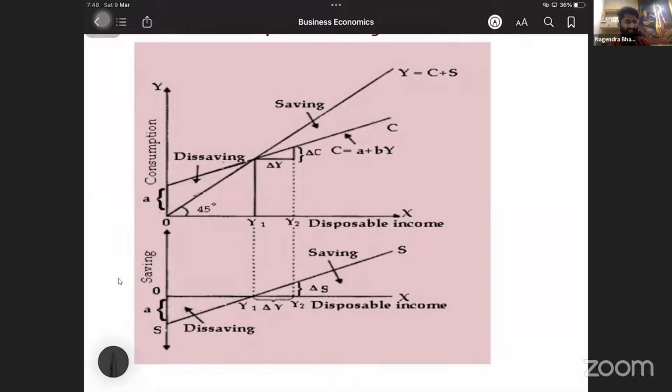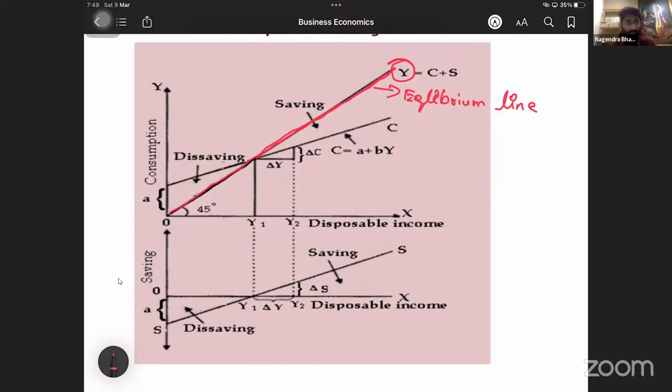Listen. I'll tell you. We call this the equilibrium line, supply line, income line, or 45-degree line. There are many names for this. We will discuss that.